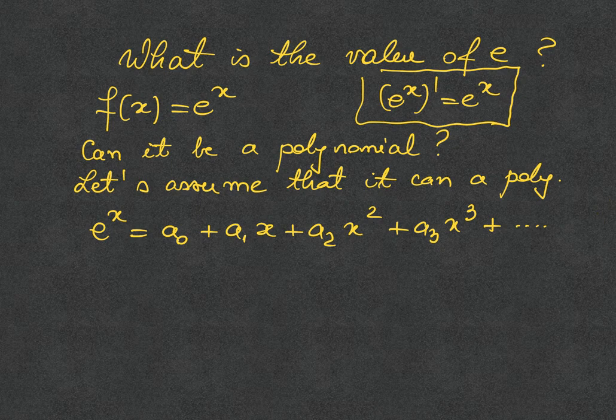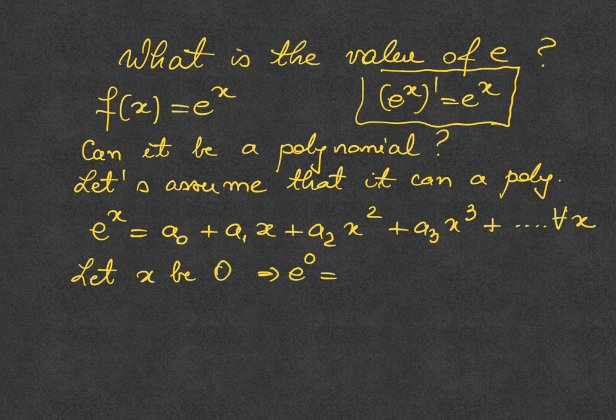But this needs to be true for all x's. Okay, let x be 0. So e to the power of 0 needs to be a0. a1 times 0 is 0, a2 times 0 squared, so all these are 0. So therefore, a0 needs to be 1, because any number to the power of 0 is 1, so e to the power of 0 is 1.